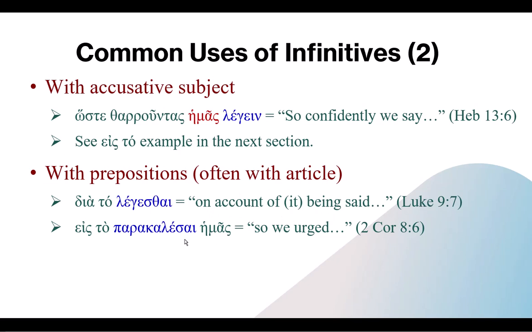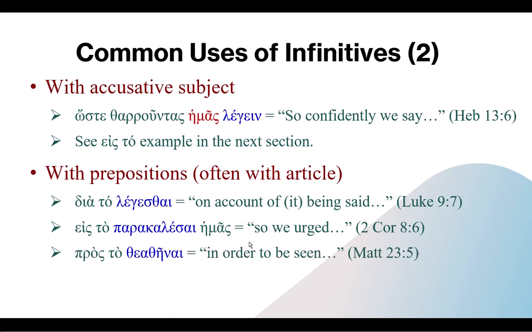Here we have an active, and this accusative, hēmas, is being used here as a subject. We saw that up here with the accusative subject, and it's literally so us encouraging. And we would translate that as so we encouraged or so we urged. That's from 2 Corinthians 8:6.